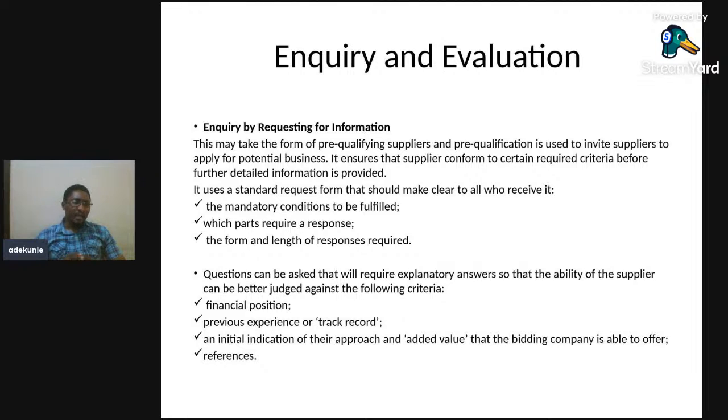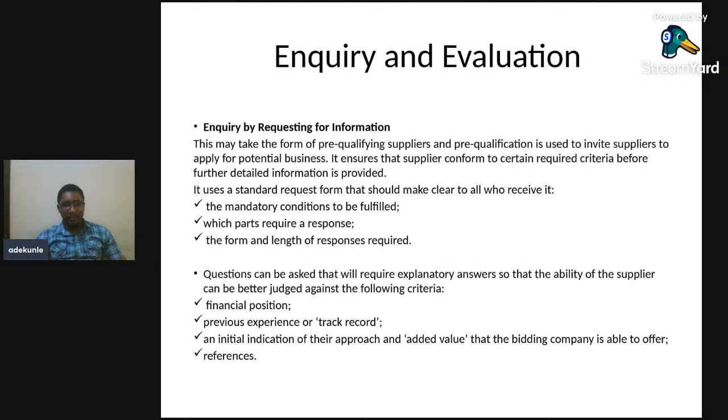Now, for inquiry by requesting information, we always use a standard request form that makes clear to all who will receive it, for instance, the mandatory conditions to be fulfilled by the supplier, which part requires a response, and the form and length of the response that is required.